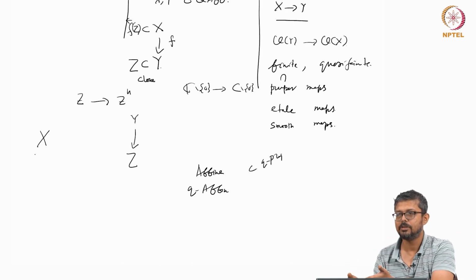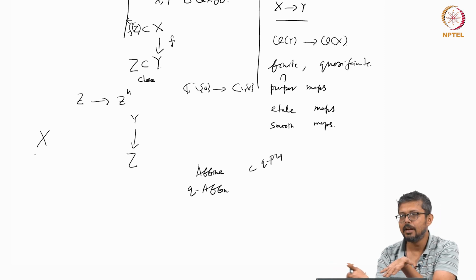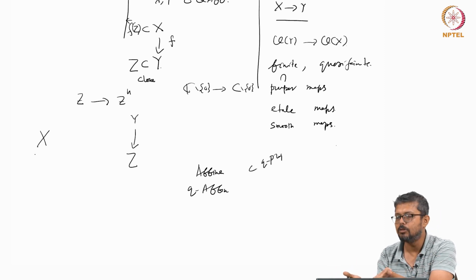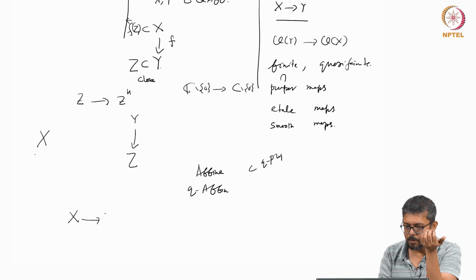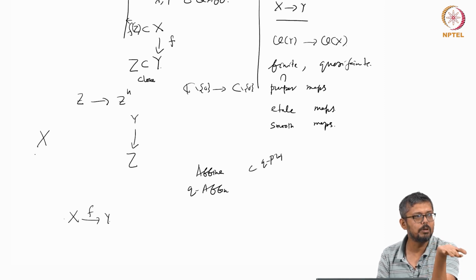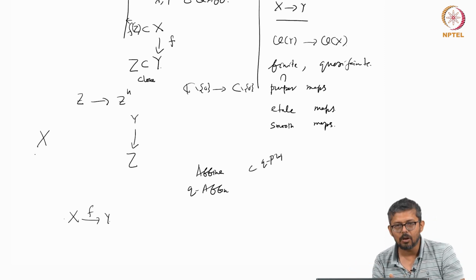All these maps you can define at the pre-variety level. It's a map of pre-varieties. Locally, it looks like this. You could say it's a finite map. If X to Y is a map of pre-varieties, and you have a morphism, which makes sense for pre-varieties, then you say that it has this property if locally they have the property.